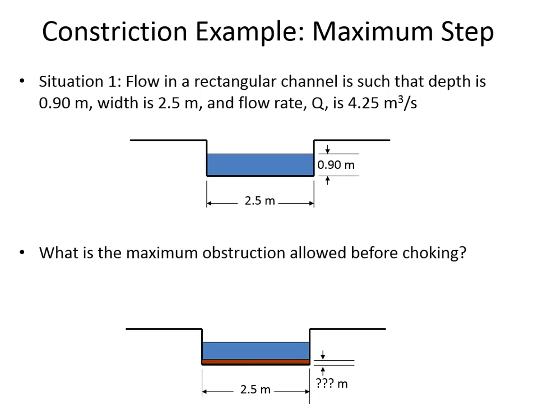So we calculate each of those terms. It turns out that the delta Z max is 0.084 meters. Anything bigger than this, then there won't be enough energy at 1 to get over the obstruction.